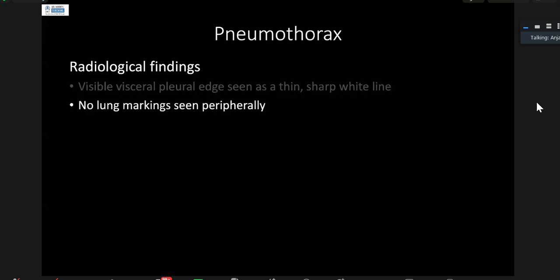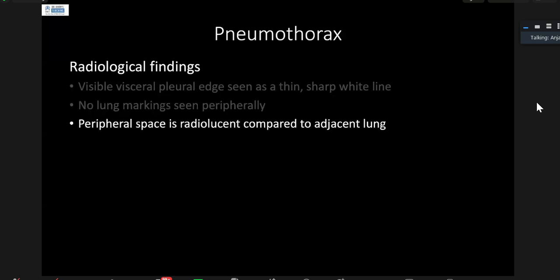Okay, and beyond that, between the visceral pleura and the chest wall, there will be a black translucent area where you will not see the lung blood vessels extending. These two factors you have to see before you call it a pneumothorax.